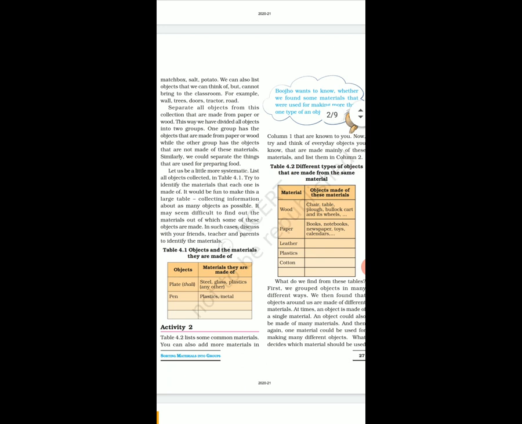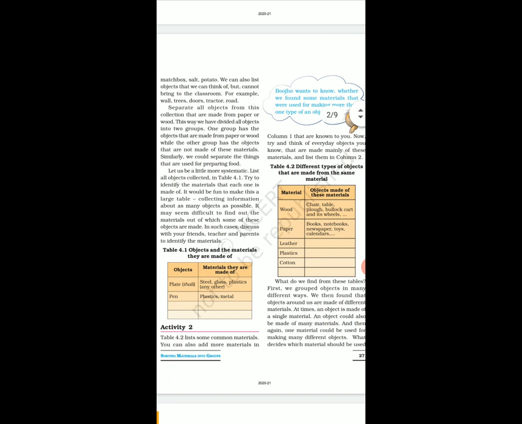You can see that chair, it can come in wood also, it can come in plastic also. It means a chair can be made from more than one material. Now if you see wood, not only chair, but many other things are prepared from wood. So this is a two-way classification which we can see from the table 4.2 which we have prepared.